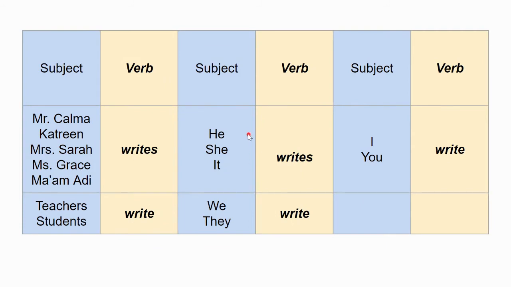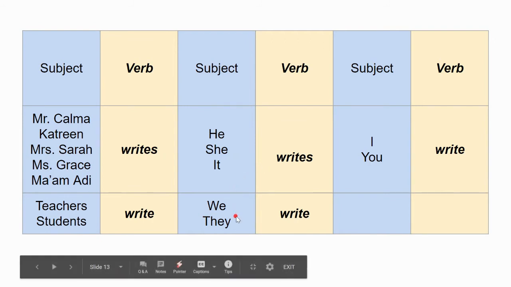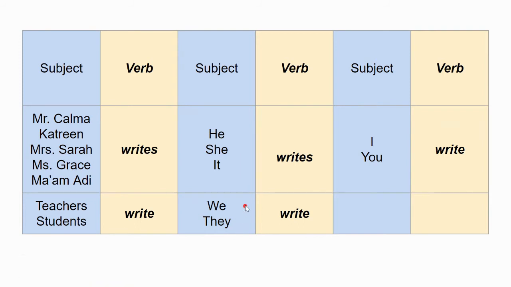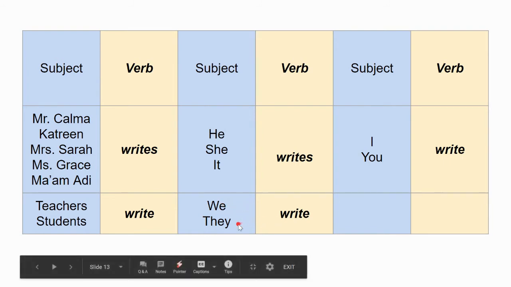Since the subject is singular, we will use the singular form of the verb or the S form. He writes, she writes, it writes. For pronouns we and they, we will use the plural form of the verb or the base form of the verb. We write. They write.